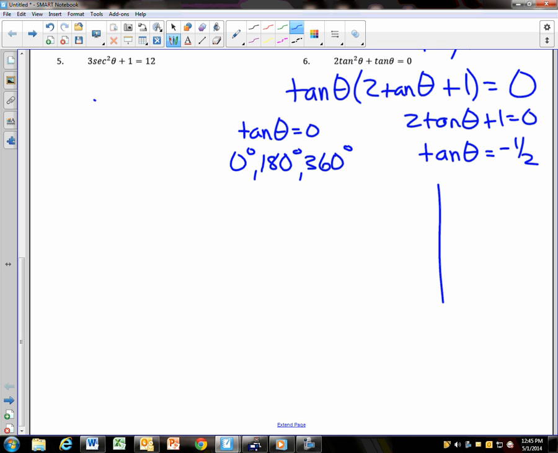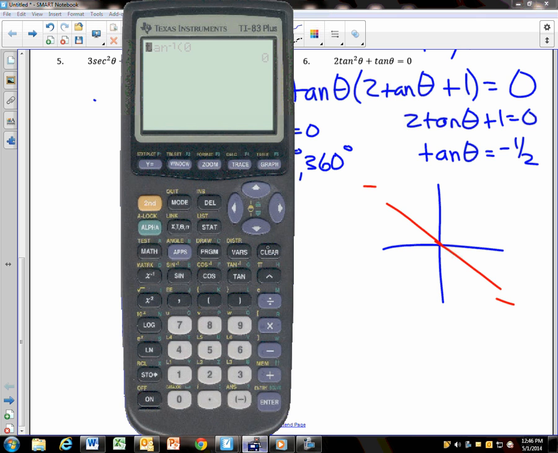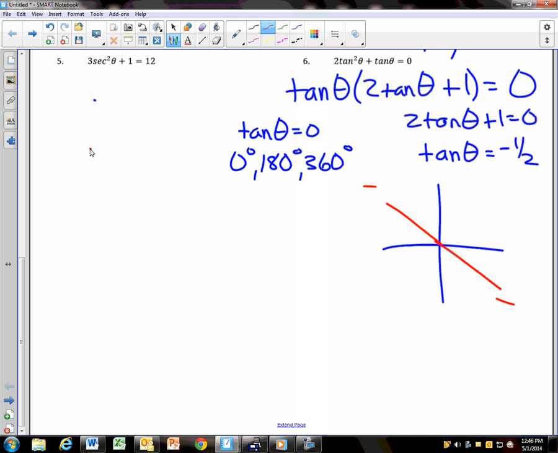Where is tangent negative? Second, fourth, very good. Draw my reference angles. 26.57. How do I find the first one?